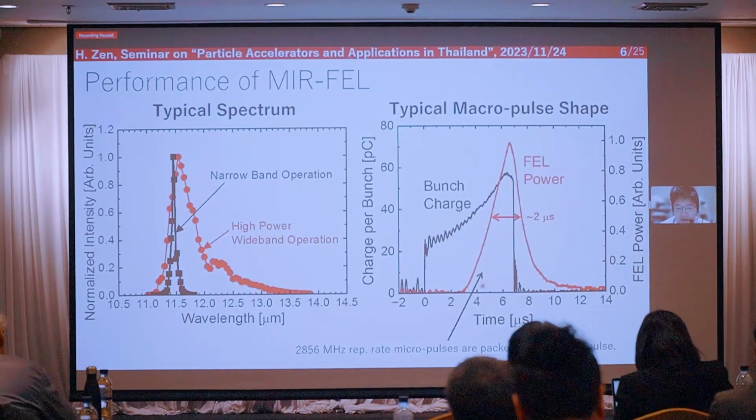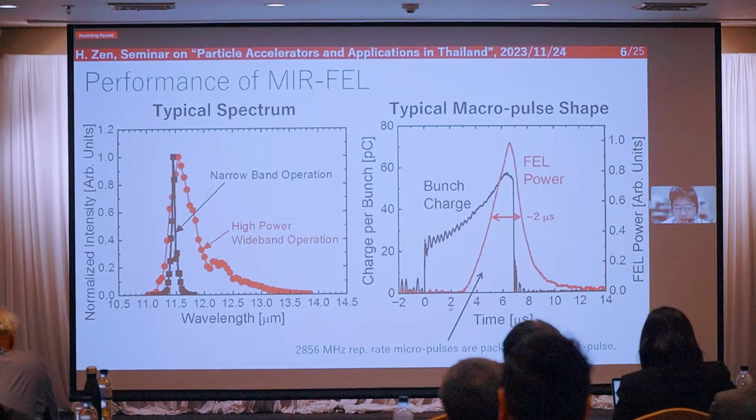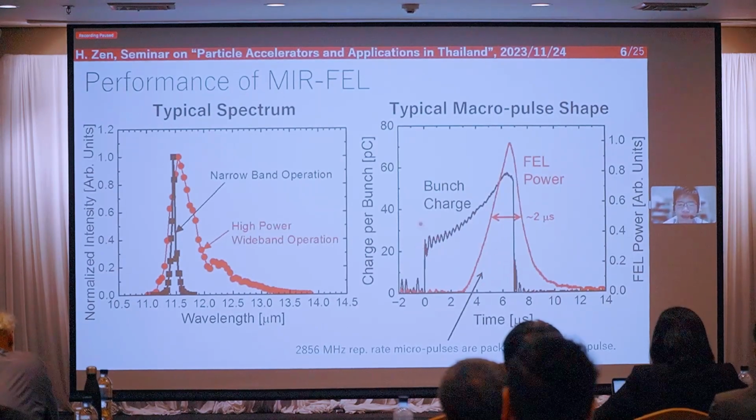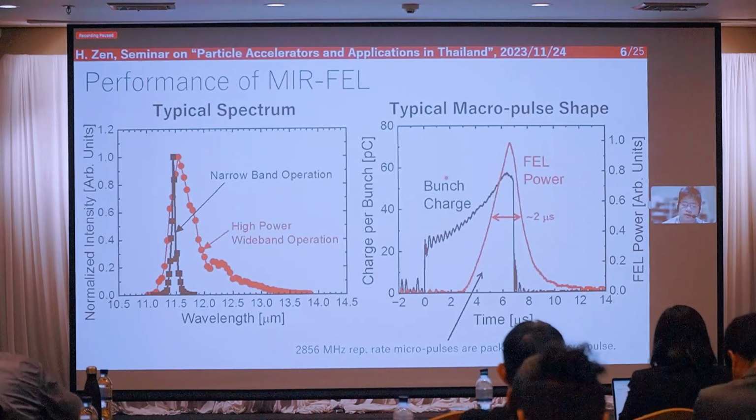And inside this macropulse, micropulses with a 2856 megahertz repetition rate are packed. And the maximum charge per bunch is 55 picocoulomb in our case, in harmonic operation.